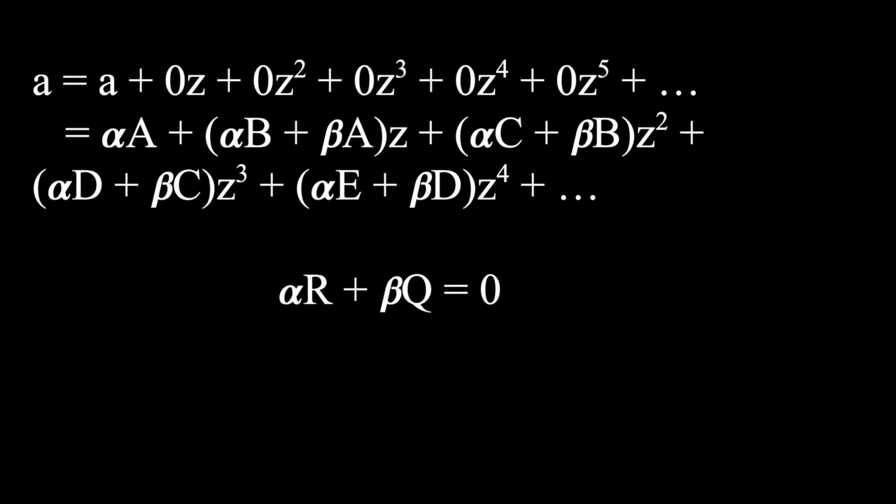Given any arbitrary coefficient R, we know that alpha R plus beta Q, the coefficient before it, equals 0, which means that R equals negative beta over alpha times Q. This tells us that each coefficient is the one before it multiplied by negative beta over alpha. In other words, the coefficients are a geometric sequence.